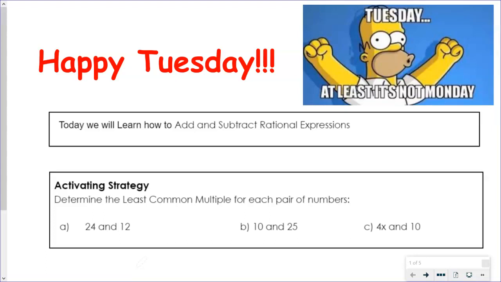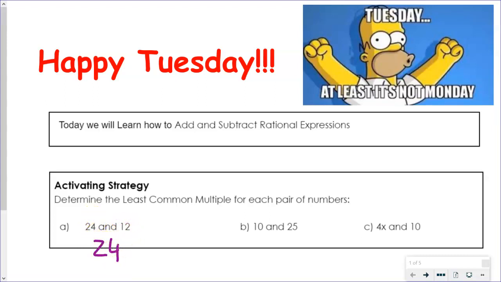So, it's asking you to determine the least common multiplier. Least common multiplier is simply common denominator. So, between 24 and 12, a common denominator would be 24, because 24 goes into 24 and 12 goes into 24.